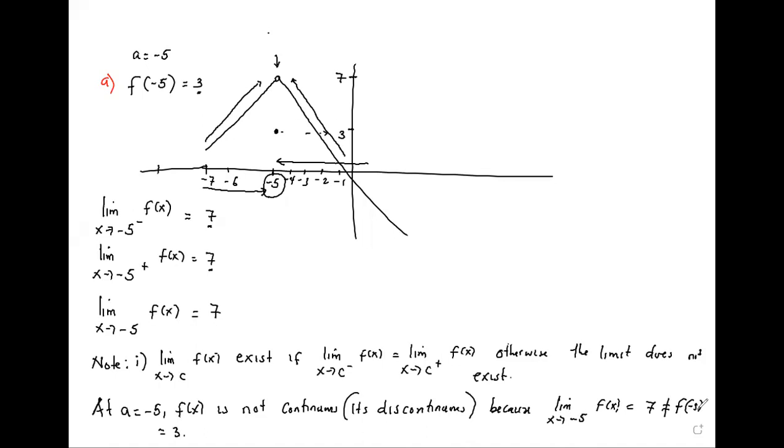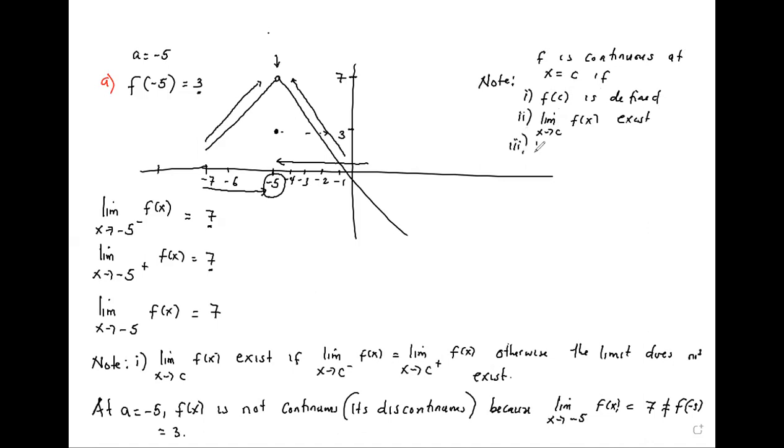So then what does that mean? Take this seriously now. f is continuous at x is equal to c if 1, f of c is defined, 2, the limit as x goes to c of f of x exists, and 3, the limit as x goes to c of f of x is actually f of c.